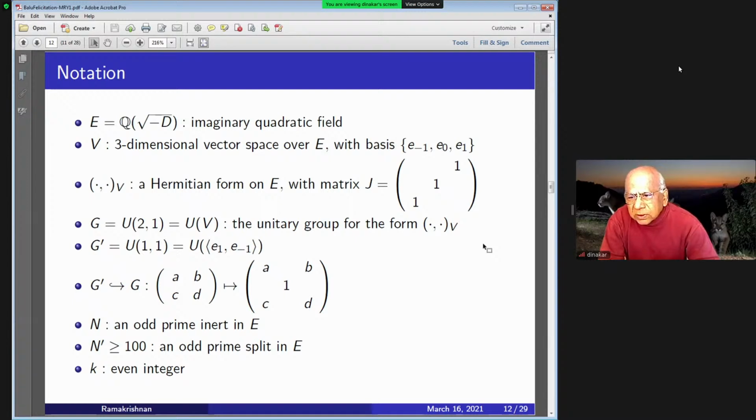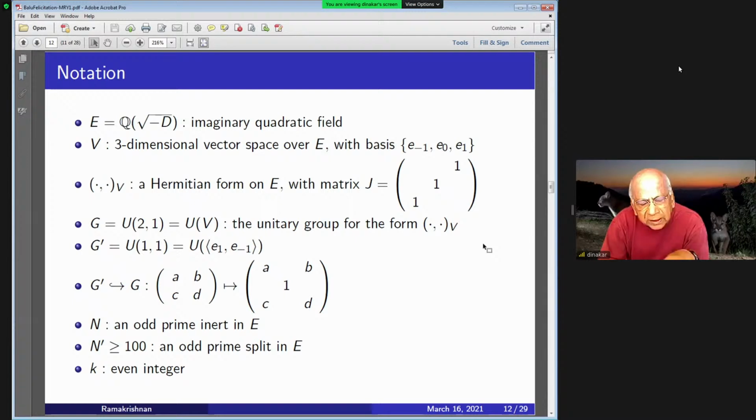This is a skew Hermitian, but anyway, it's a Hermitian form. And then you take U(2,1), the unitary group for this form, and G prime is U(1,1). That's the unitary group of the subspace defined by e_{-1} and e_1. So there's a natural embedding here of U2 inside U3, which sends (A B; C D) to this element of U3 this way.